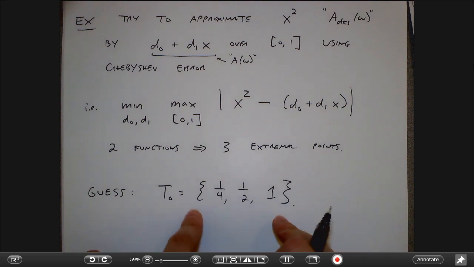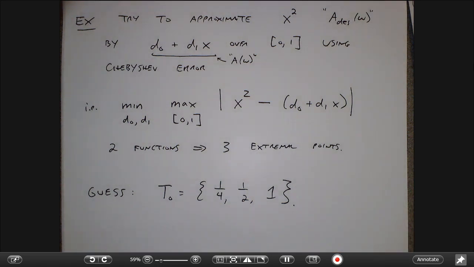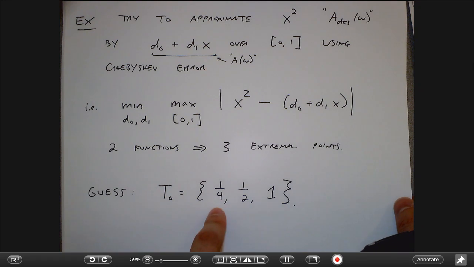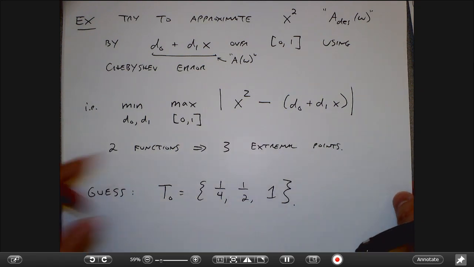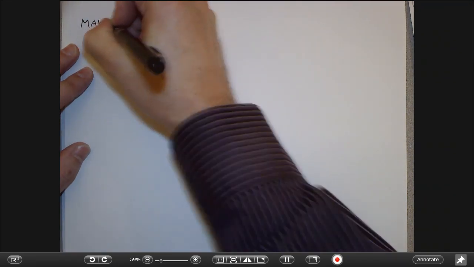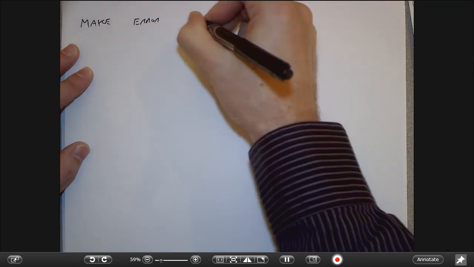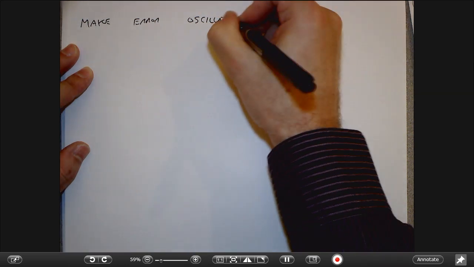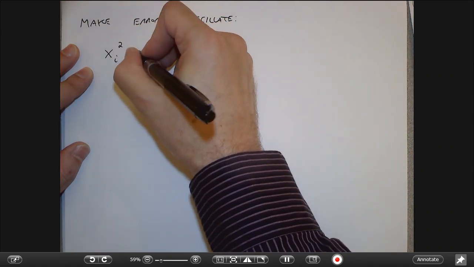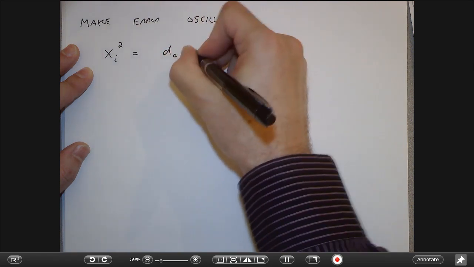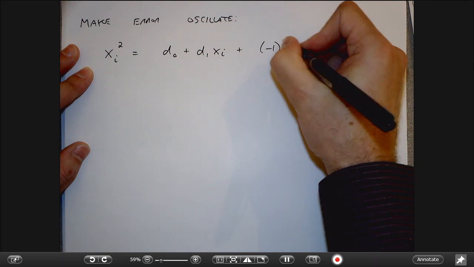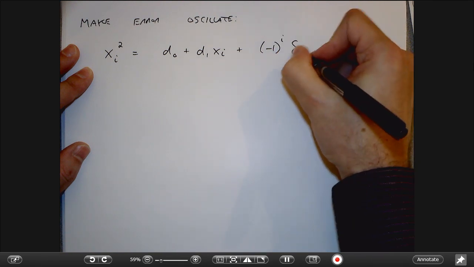Right? And so what does that linear system tell me? That's like saying that I'm going to try and make the error oscillate on these 3 points. So that's like saying that at these 3 points, I have what I've got, and the error and this delta.